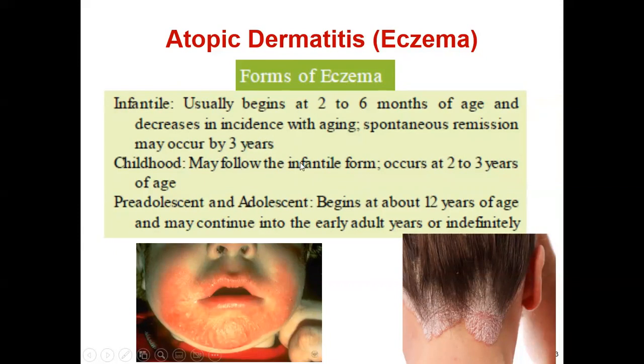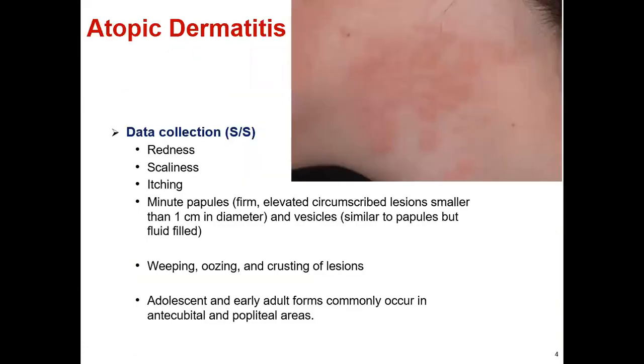Childhood may follow the infantile form, occurring at 2 to 3 years of age. Also, pre-adolescence and adolescence begins at about 12 years of age and may continue into early adult years or any time in their life.